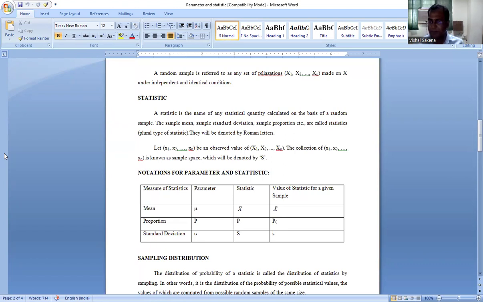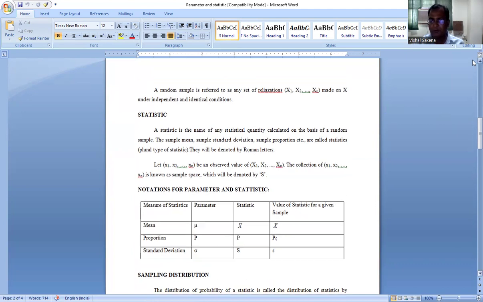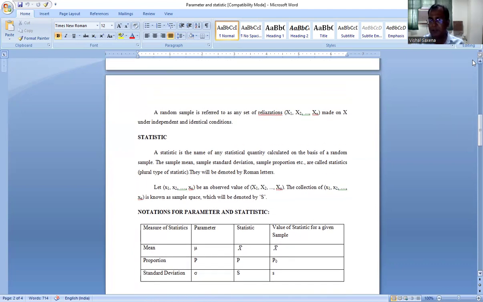In the form of parameters, the mean is written by mu, the proportion is written by capital P, and the standard deviation is written by sigma.